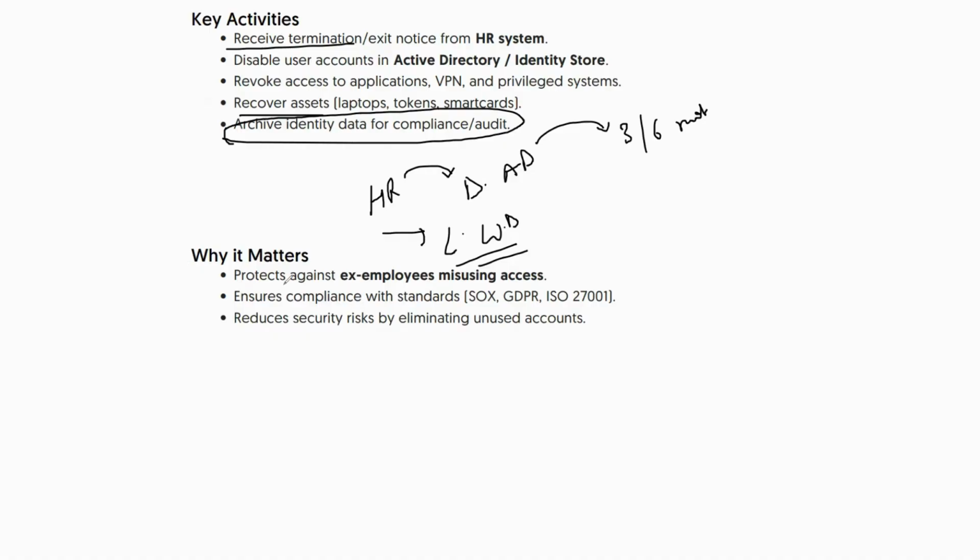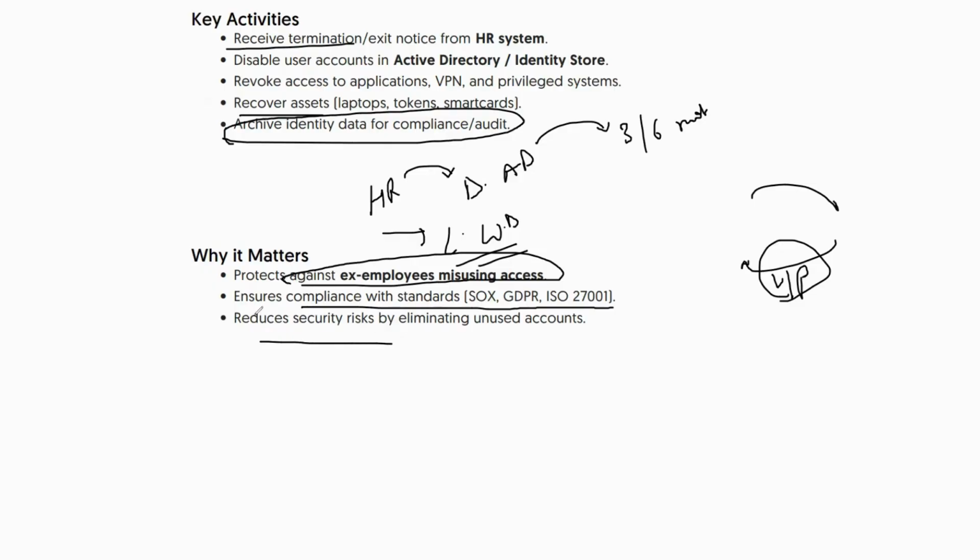And what are you achieving? You're protecting against ex-employees misusing the access. Because if these accounts are lying around, a person may move out and again try their username and password. There are cases that have happened. It ensures compliance with standards like SOX, GDPR, and reduces risk. So compliance again and risk is getting improved here.